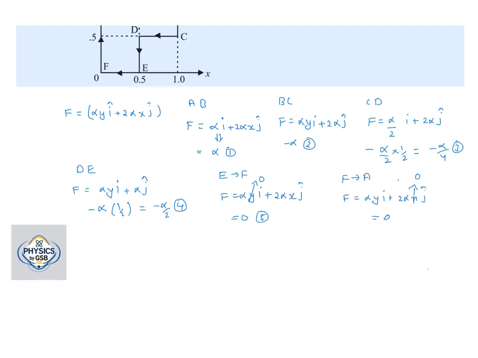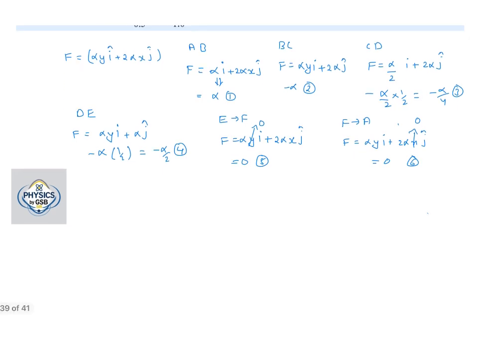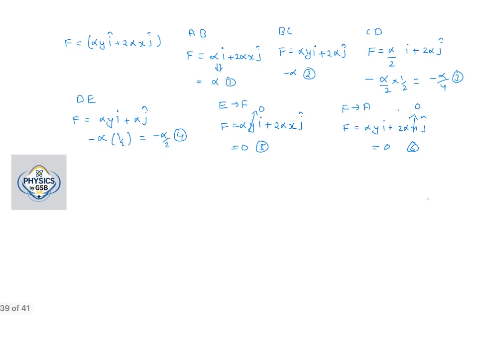So for all the path we have calculated the work. Now we have to add it. So it should be equal to alpha minus alpha. This is alpha. This is minus alpha. And then we are having minus alpha by 4. Then minus alpha by 2. Then 0 plus 0. So this is total work done. So this gets cancelled.